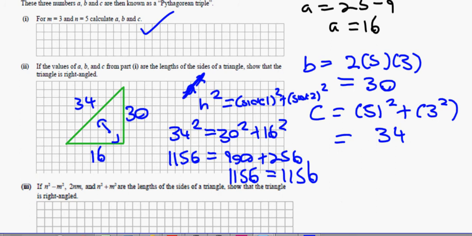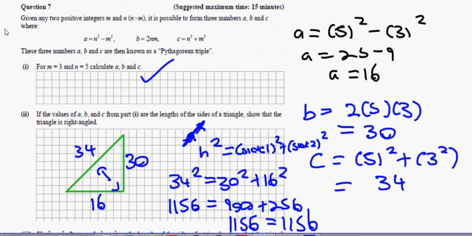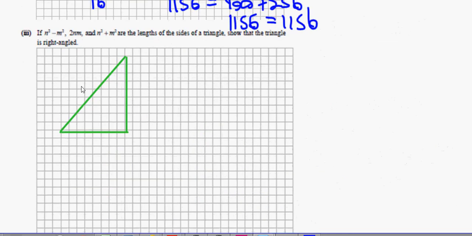Now, if n squared minus m squared, 2nm, and n squared plus m squared are the lengths of the sides of the triangle, show that the triangle is right angled. So once again, we have a right angled triangle, and what we're looking to do is prove that it works for any value of n and m. Now remember, the biggest side was c, which is n squared plus m squared, like we got 34 for it last time.